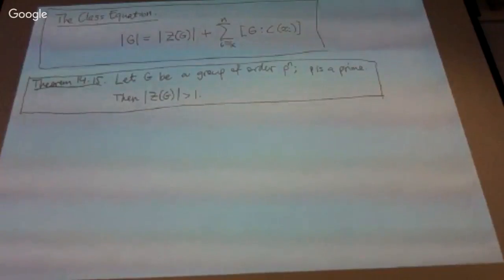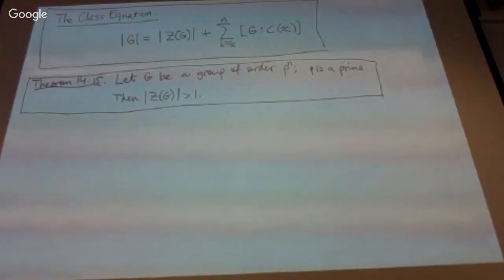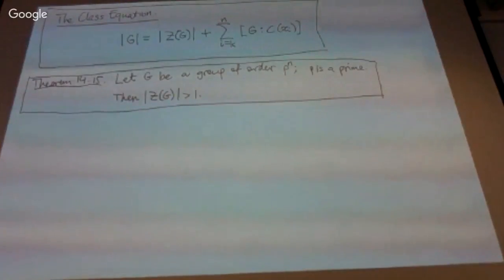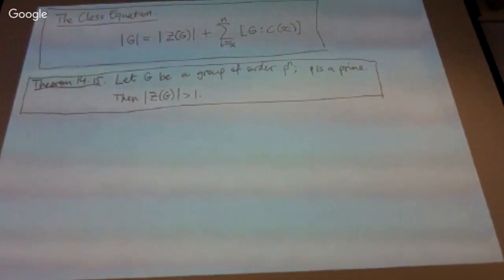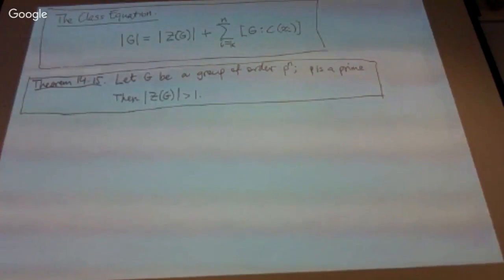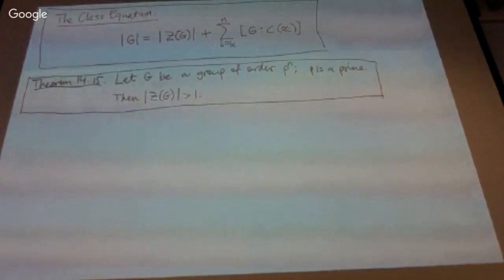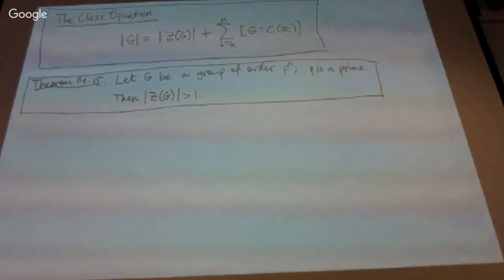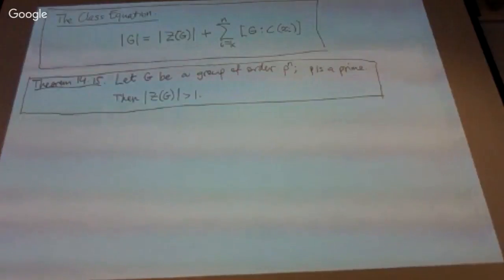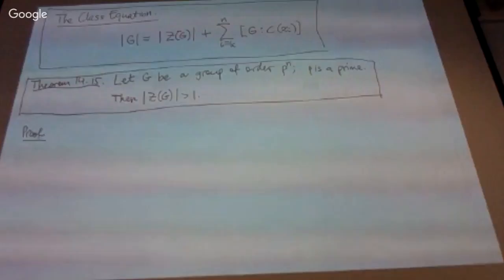Yesterday we saw examples where the center was trivial, it just had the identity in it, like the symmetric group. But if the group has the order of a prime power, then the center cannot be just the identity. That's what this theorem is saying, and it's saying it because it has a proof.